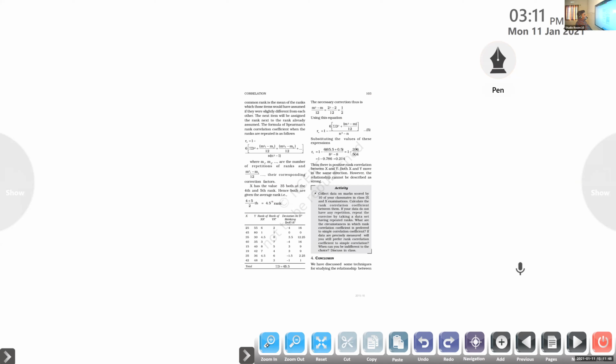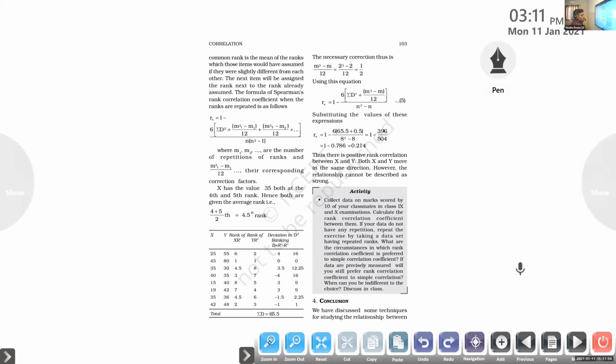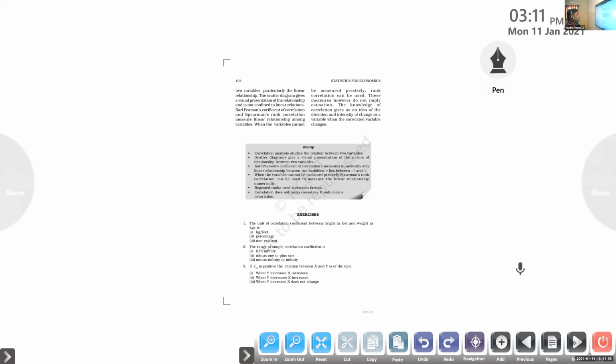Okay, we're going to the conclusion to wind up the chapter. So we have discussed some techniques for studying the relationship between two variables, particularly the linear relationship. The scatter diagram gives a visual presentation of the relationship and is not confined to linear relation.